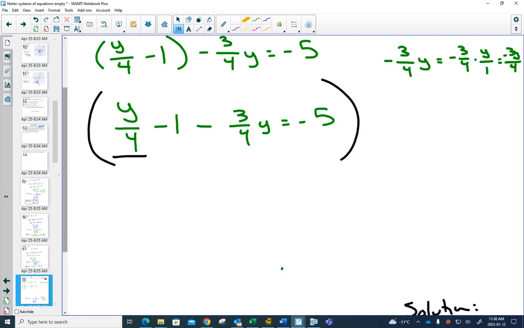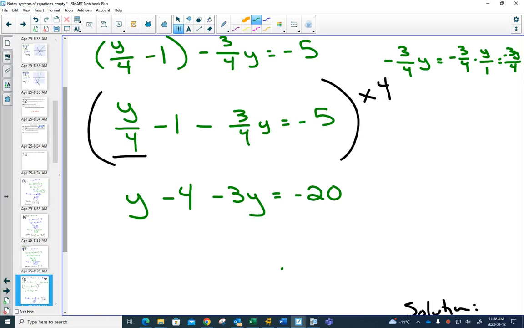I took both sides of the equation and I multiplied everything by 4. Multiplying by 4 and dividing by 4 would cancel each other out. So if I multiplied this by 4, I would just get y. If I multiplied the -1 by 4, I'd get -4. If I multiplied this by 4, I would get rid of my fraction, just have -3y. And if I multiplied the -5 by 4, I'd get -20.